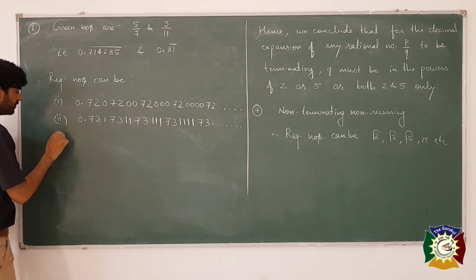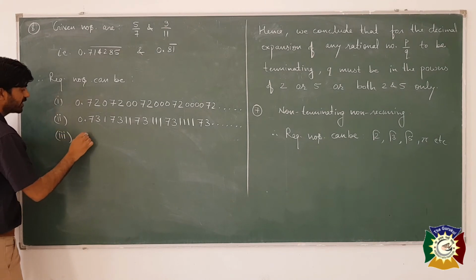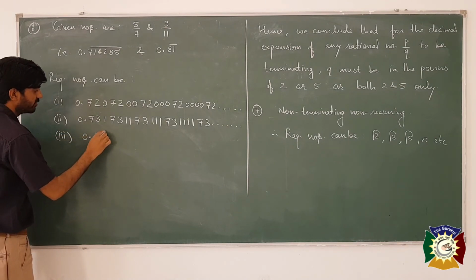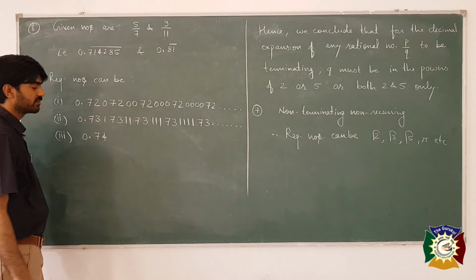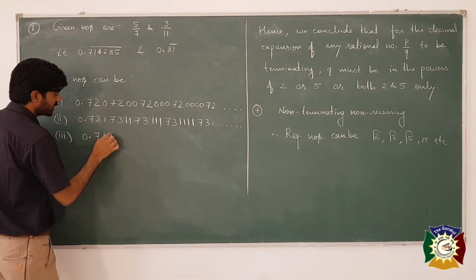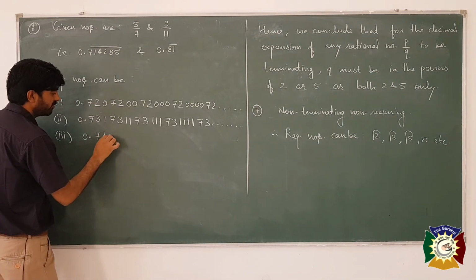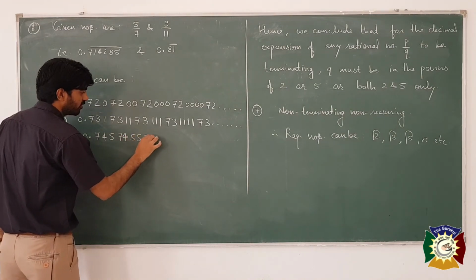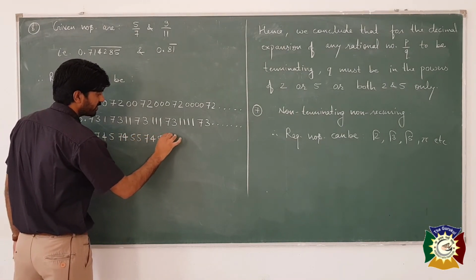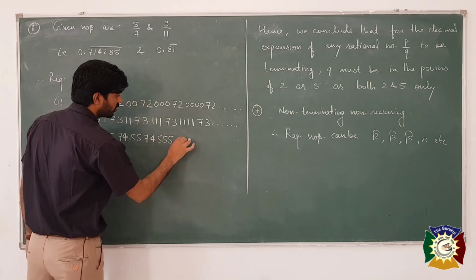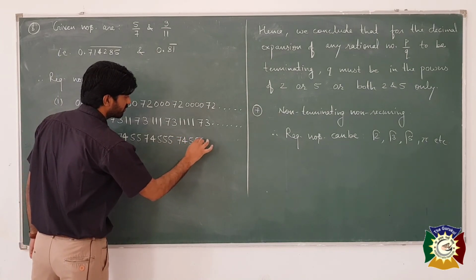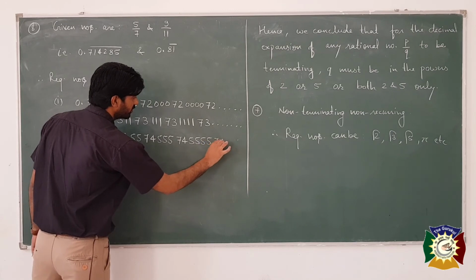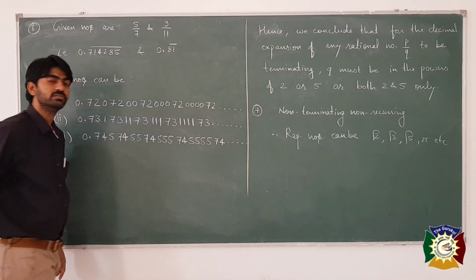Third, now I am taking 0.74. Let it be 5. 5 5, 7 4, 5 5 5, 7 4, 5 5 5 5, 7 4 and so on.